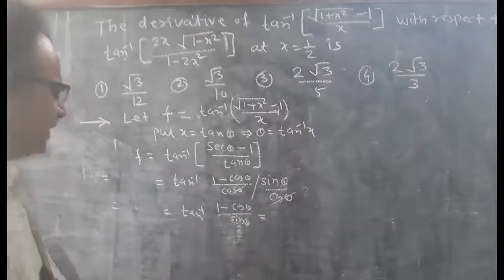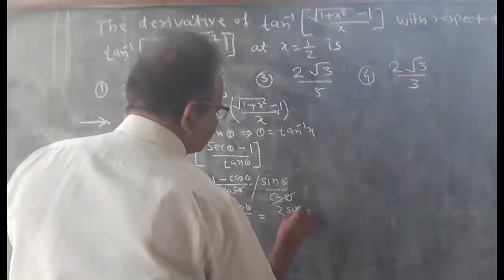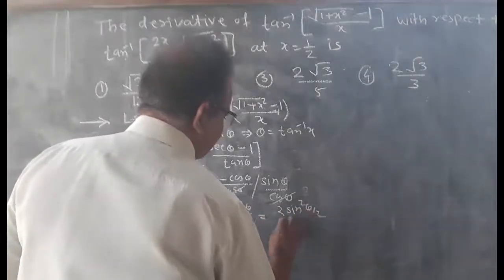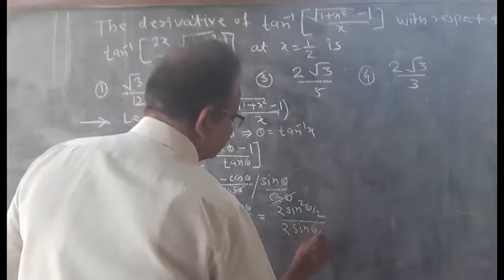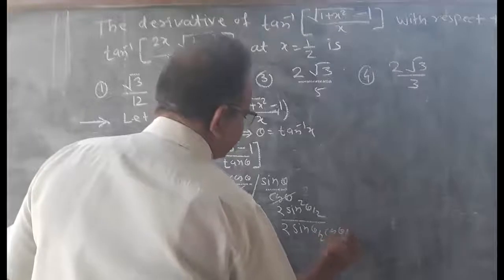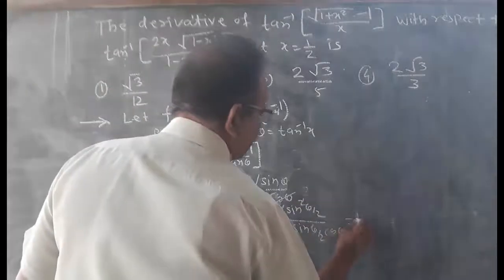1 minus cos theta is 2 sin square theta by 2, and sin theta is 2 sin theta by 2 cos theta by 2. If we cancel some common terms, it will be nothing but tan theta by 2.